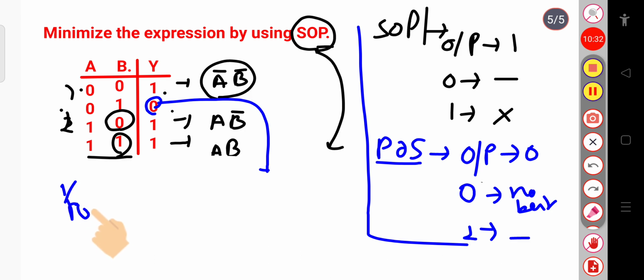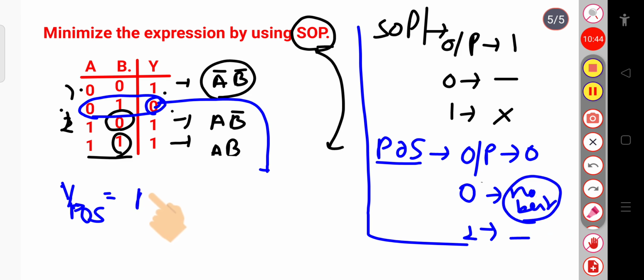Here A is 0, and 0 means we consider no bar, so that will be A simply, and for B this is 1, so we consider B bar. But this is product over sum, so I have to give the summation sign. Then if there is more than one term, we have to multiply with that term.